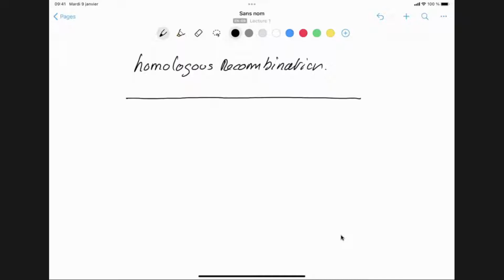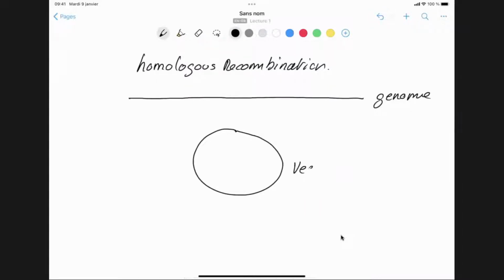The idea is, for example, this is a part of the genome of the target organism. We have a vector, which is a plasmid, and in this vector we can put a gene of interest.